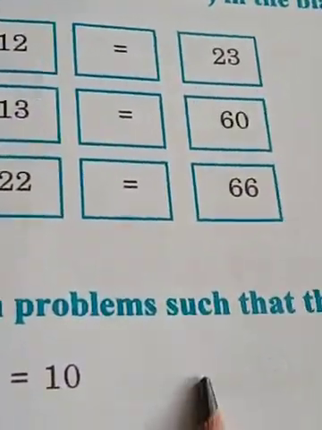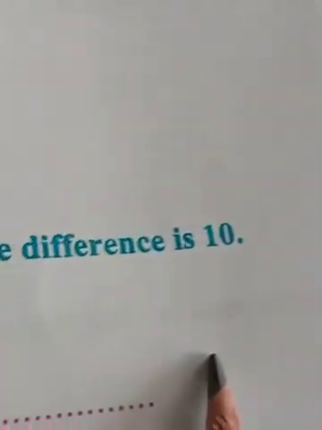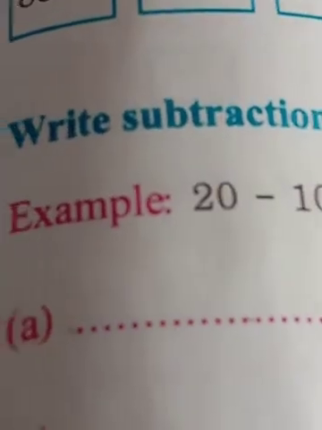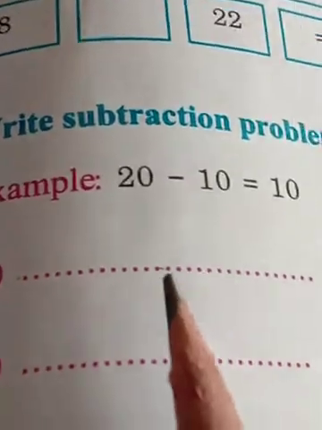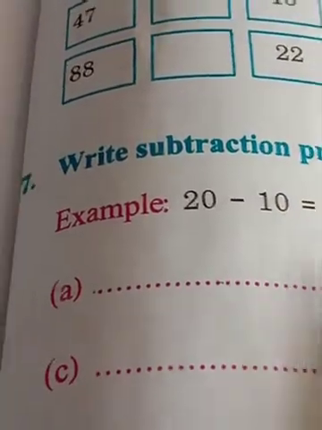Subtraction. Write a subtraction problem such that the difference is 10. So the difference will be 10. See here, giving some example. 20 minus 10, 20 minus 10 equals 10.